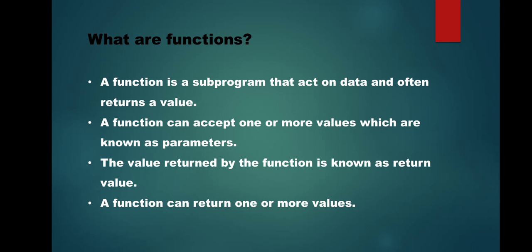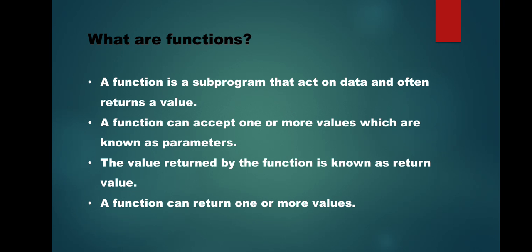Now the values upon which the function works, the values which the function takes from outside, are known as the parameters. And after performing the operation, the value that is returned by the function is known as the return value.